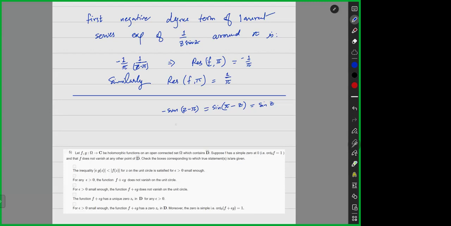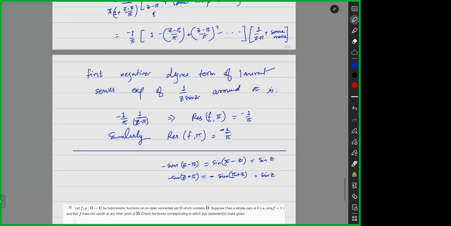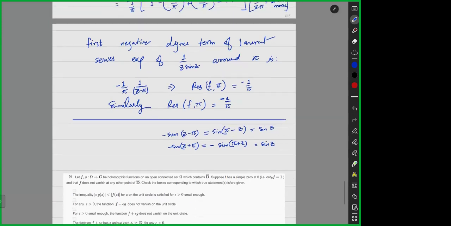What happens when we take sin z equal to sin, we need z plus pi, pi plus z. This is already minus. So it is again in minus. So one minus already appears in both cases. So this is minus of sin z plus pi. Okay, this is the way. In both we are getting the same residue.